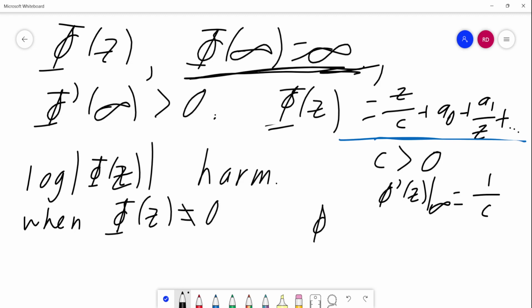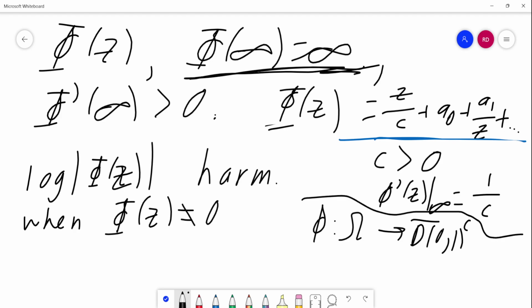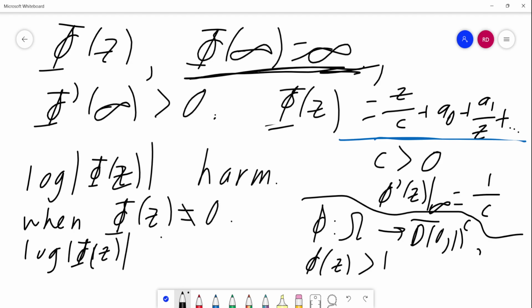And since we said phi maps omega to the exterior of the unit disk, that is, everything outside the closed disk, the absolute value of phi of z will have to be greater than 1. So we don't need to worry that this will be 0. So that's to say log of the absolute value of phi of z is harmonic on omega.